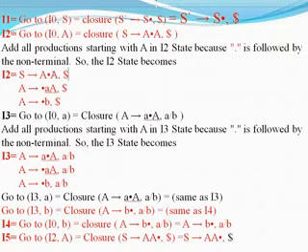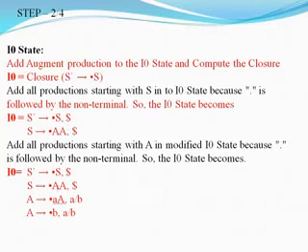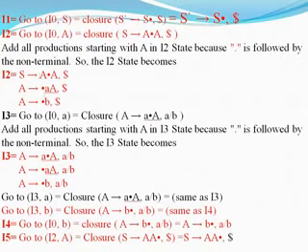So what we have to do is write all the grammars starting with that particular character, capital A. Capital A tends to small a, capital A tends to small b. These are the grammars starting with capital A, and I have written them here because after the dot I have a non-terminal symbol.